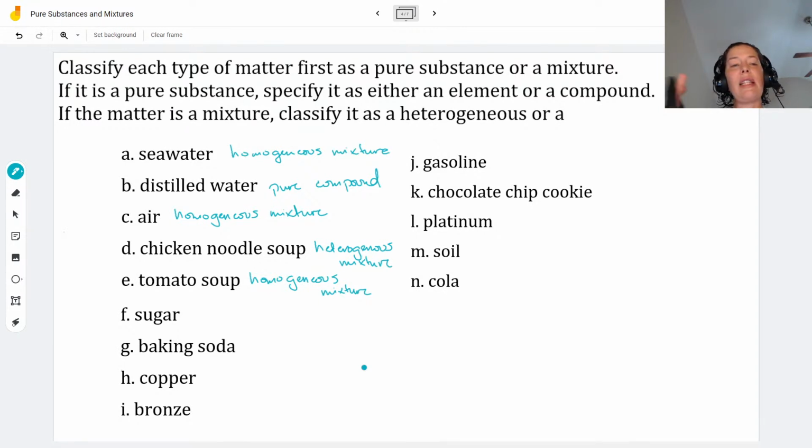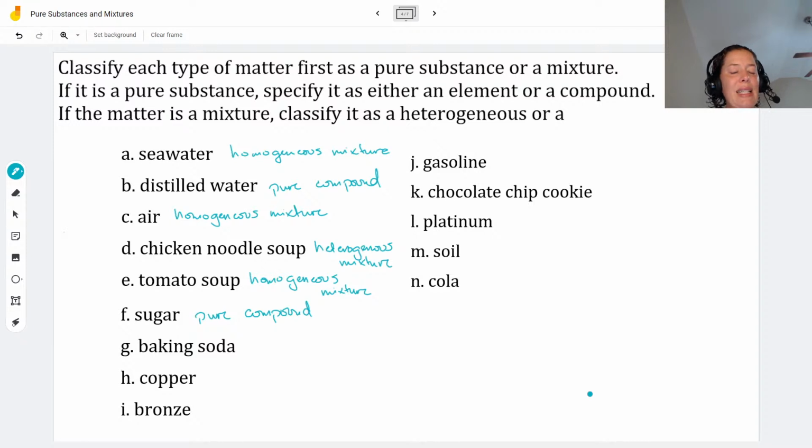So definitely it is going to be a compound. Another thing you can do is if you look at the periodic table, there is no element known as sugar. So sugar is going to be a pure substance, but it is going to be a compound. So we'll say it is pure, but it is a compound.